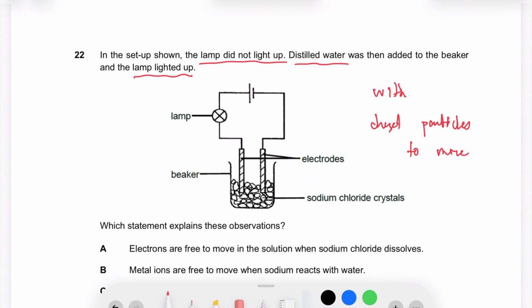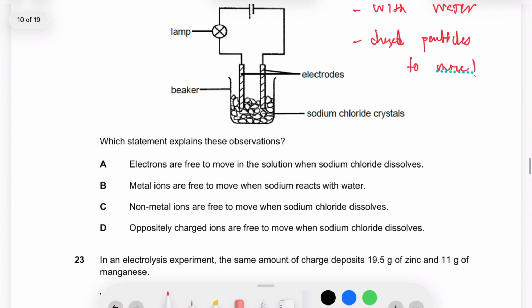Important is what? If you look at the diagram, this is actually a crystal. So an ionic compound in solid state will not move. But once you add water, it becomes aqueous. From solid it becomes aqueous, then your ions will start to move.